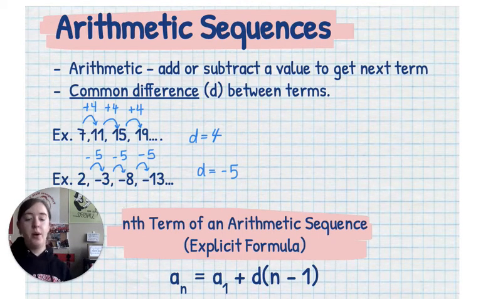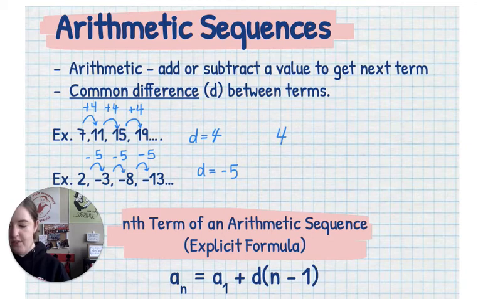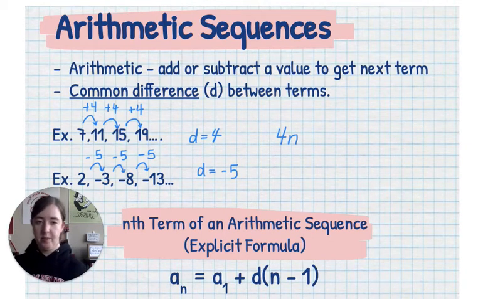All right, so let's think of a way that we could write an equation for these sequences. On that first one, we know our common difference is 4. Since I'm adding 4 every time, that's kind of like our slope. So I'm going to have 4n, where n is the number of terms.